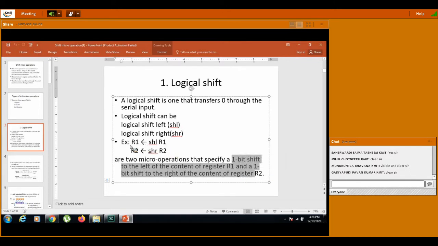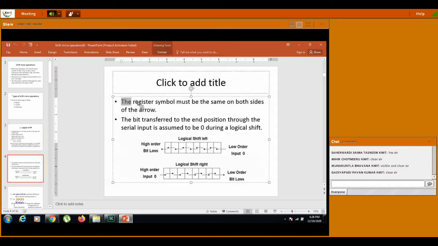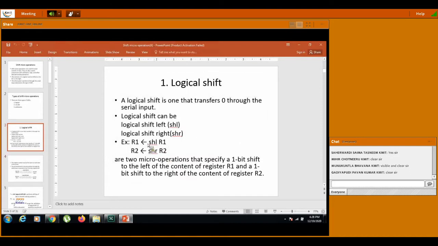So this one is the left shift and this one is the right shift. The register symbol must be the same on both sides of the arrow, whether it is a left shift or right shift. That's what it means to say.